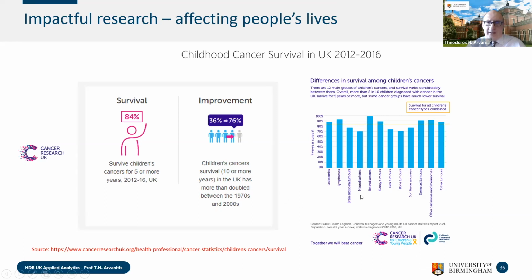And although some of the brain and associated brain tumors are still quite challenging in terms of survivability, the overall survival of children's cancers for 5 or more years between 2012 and 2016 has been around 84%. And I hope that we can improve far better on that.